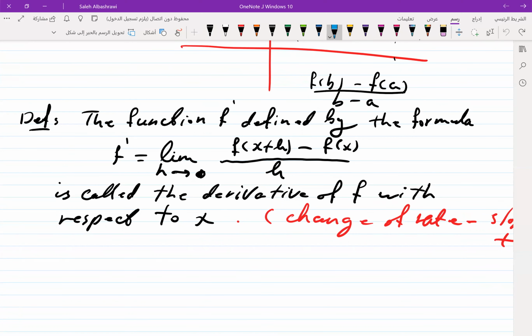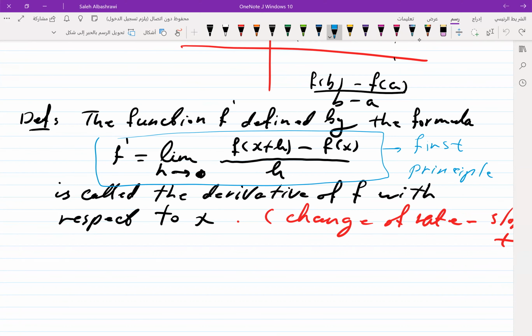And this formula, which is f prime equal to the limit of f of x plus h minus f of x divided by h, we sometimes call the first principle or the definition of the derivative.